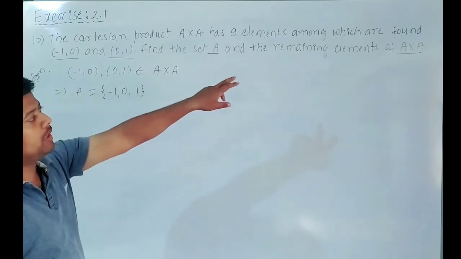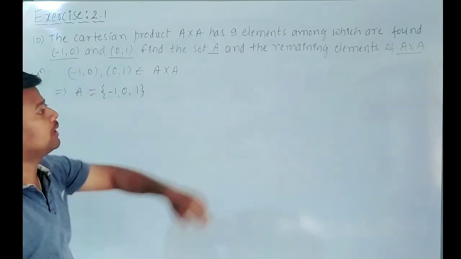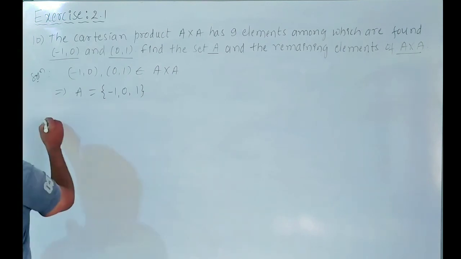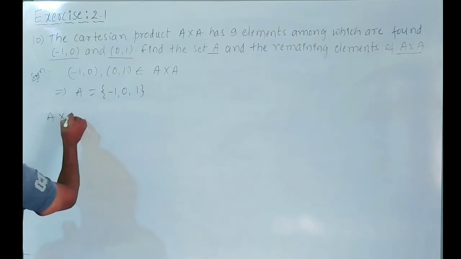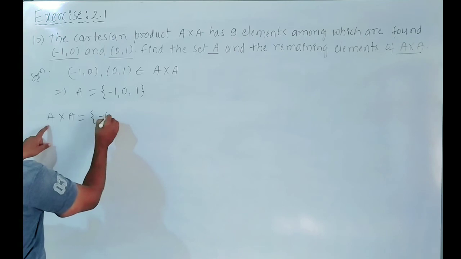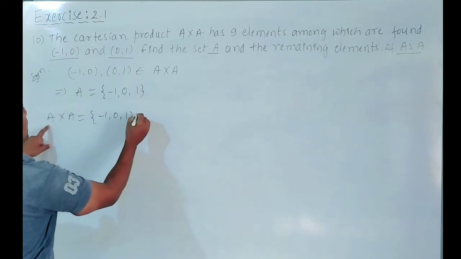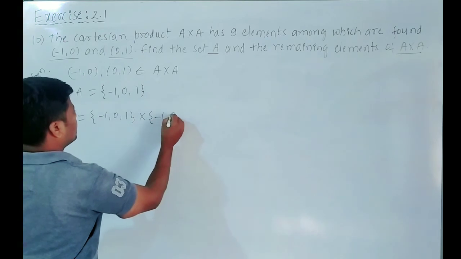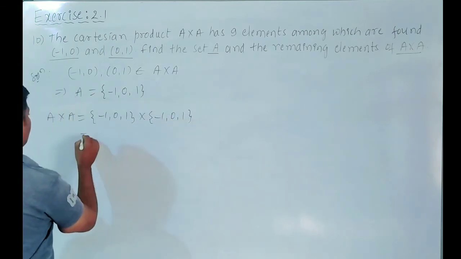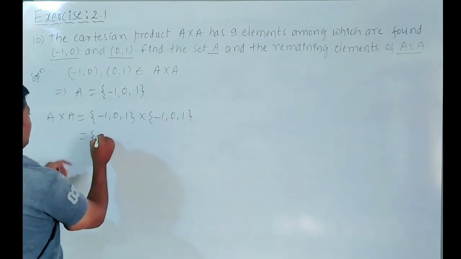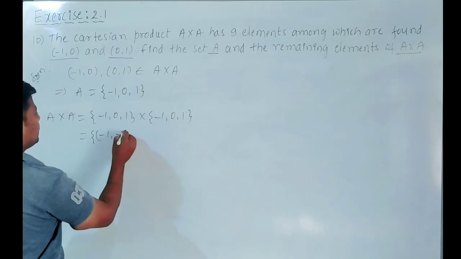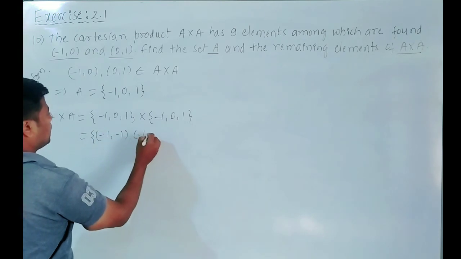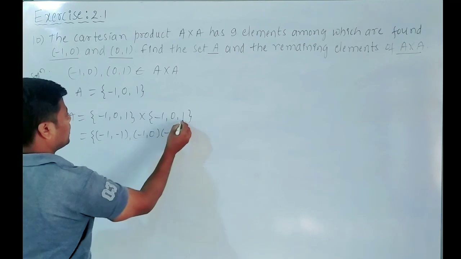Clear? Next we will find the remaining elements of A cross A. Before that, first find A cross A. So what is A cross A? Set A is -1, 0, 1, cross set A again, -1, 0, 1. Fix -1: (-1, -1), (-1, 0), (-1, 1).